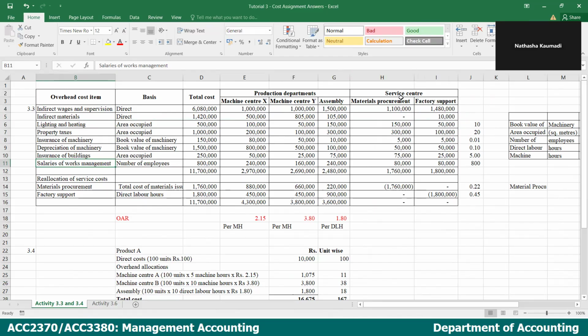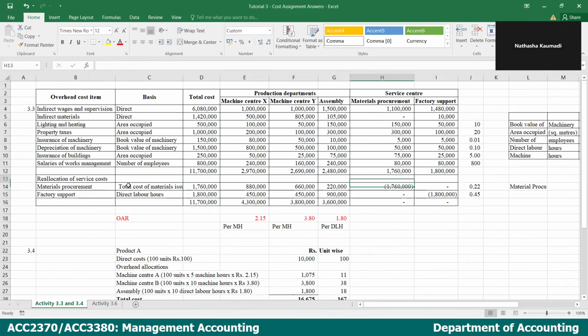After allocating each cost element, we reallocate the cost of service departments. We are not keeping the cost in service departments. So what are the service departments in this question? Material procurement and factory support. Using an appropriate allocation base, you reallocate.